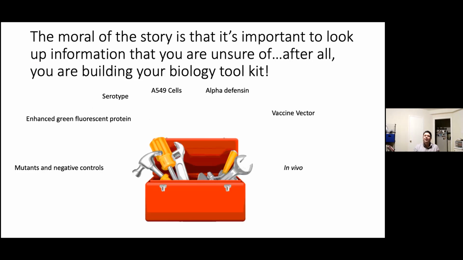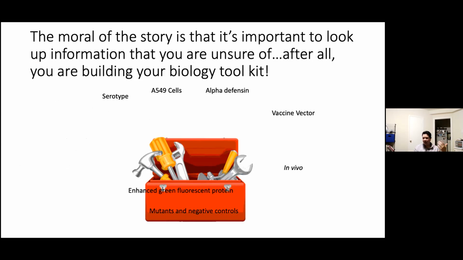In my opinion, the moral of this story, again, I'm going to keep repeating, is that there's no one easy way to do all this, but I'm going to show you the beauty of just immersing yourself and asking questions. What we've done so far is add to our biology toolkit. We've learned about mutant and negative control, so we have a better idea what those are.